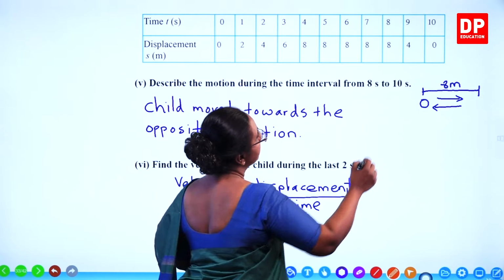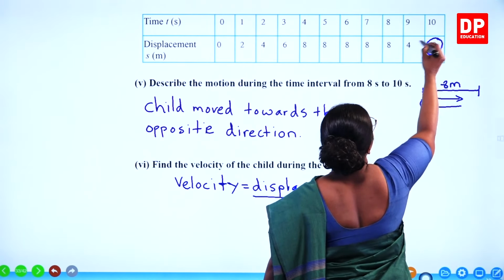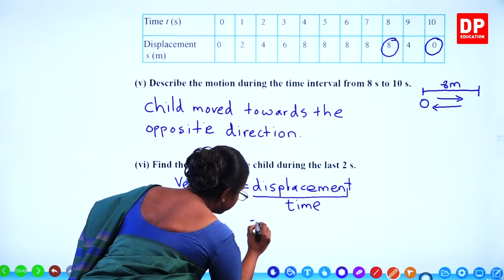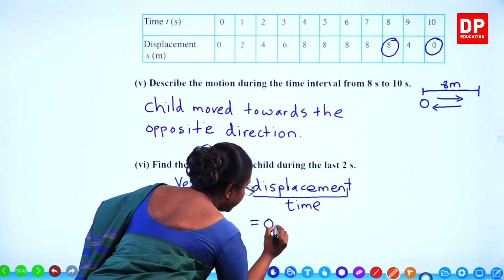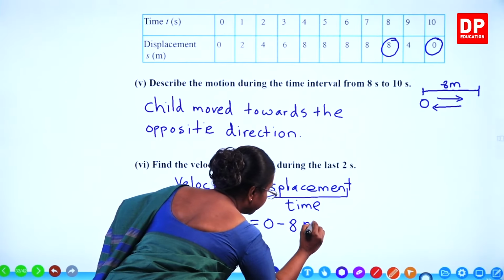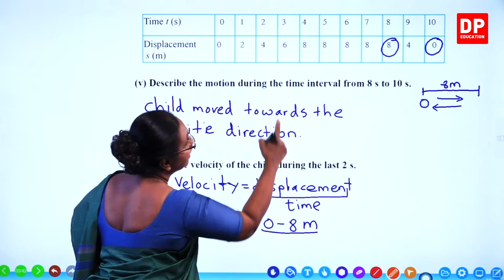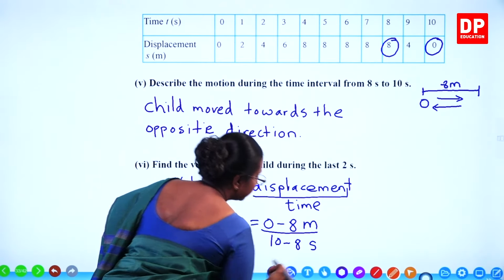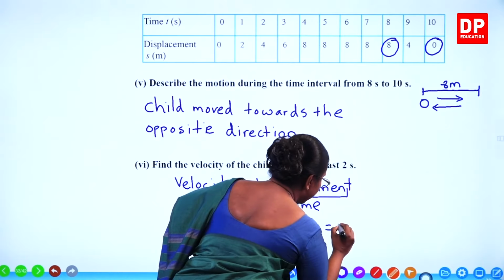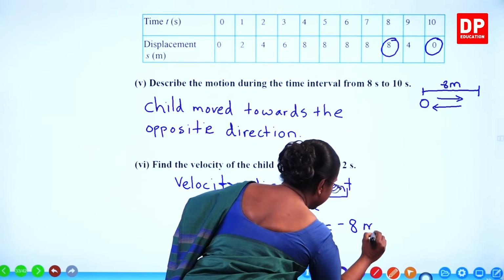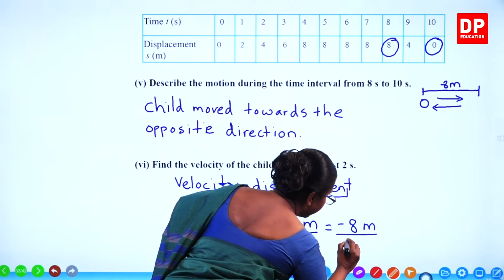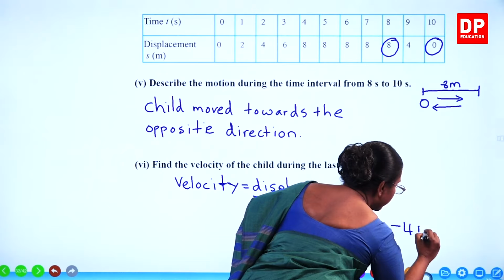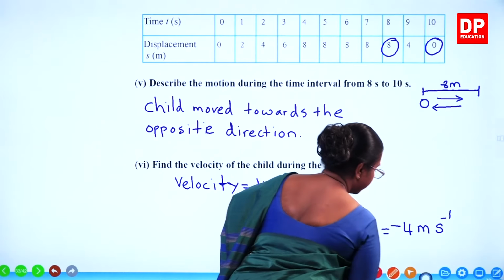If we look at the values here, final is 0, initial is 8. So when we substitute those values, 0 minus 8 meters divided by time, 10 minus 8 seconds. That is going to be minus 8 meters divided by 2 seconds, which is minus 4 meters per second.